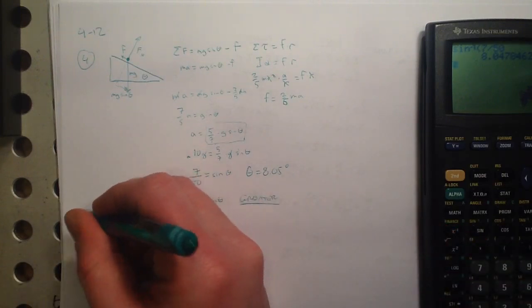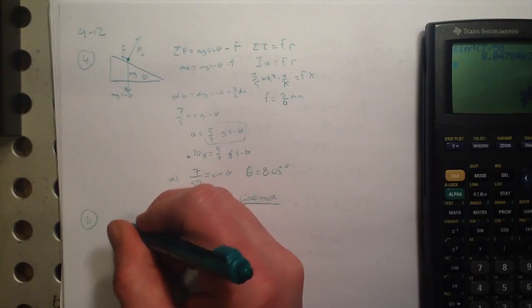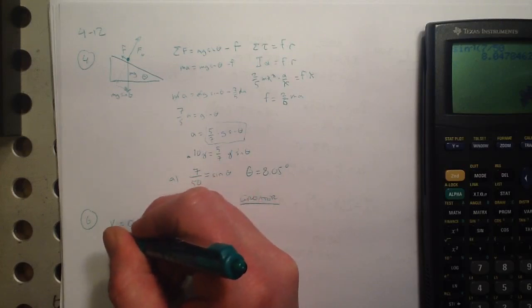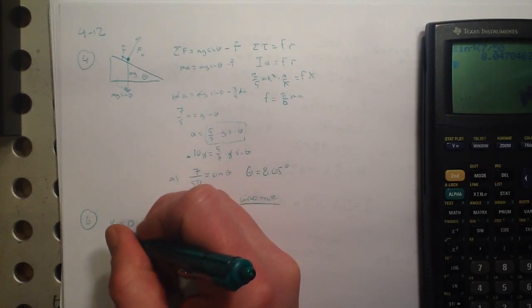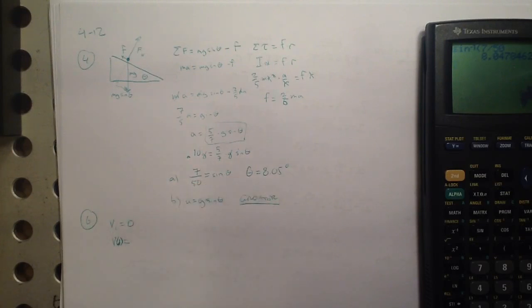So what I have here, I know that its initial velocity is 0 and its final velocity at 1 second, maybe I'll call that v1, is equal to, looking at the scale, the top is 4.0, but it's not at the top.